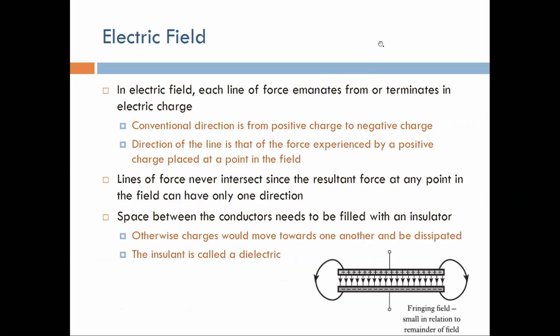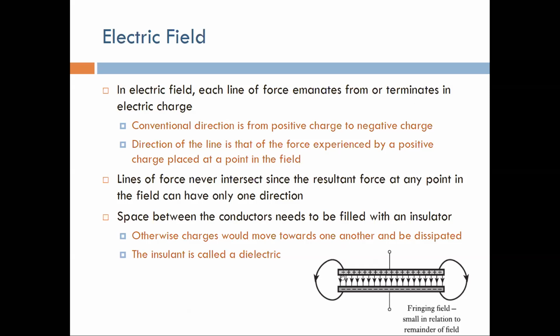A very common concept that you have to think about when you think about capacitors is the electric field. Whenever you have charges on two different conductors separated by a dielectric, you have an electric field. Each line of force emanates from or terminates in electric charge.